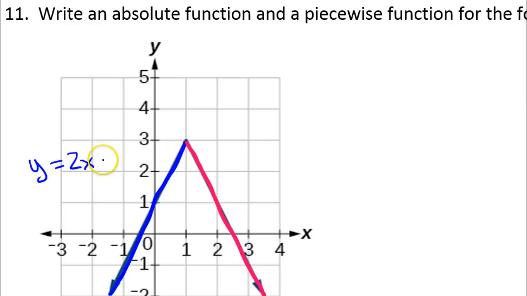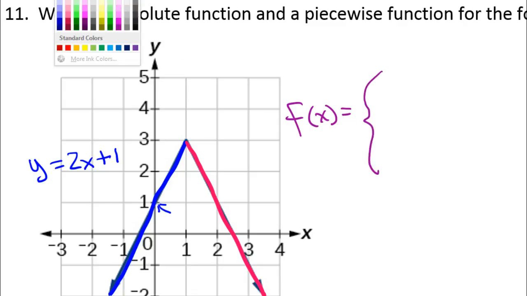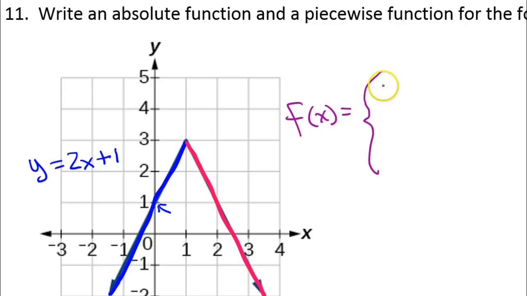Then all we need is the y-intercept, but the y-intercept is right here. It's at 1. So we have 2x plus 1. So that's the first piece of our piecewise function. So I'll go ahead and start making it. All right, so the first piece will be this 2x plus 1, if.